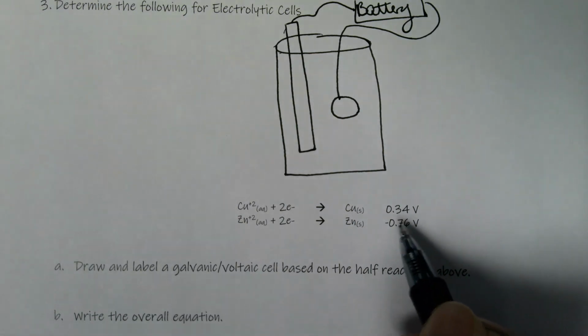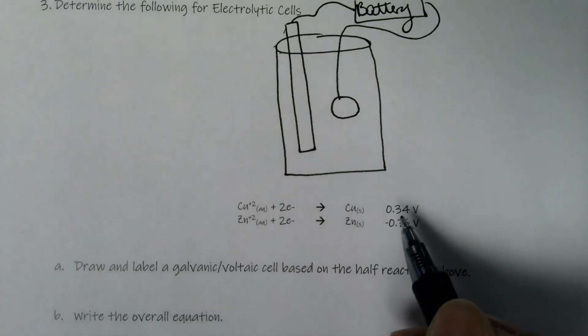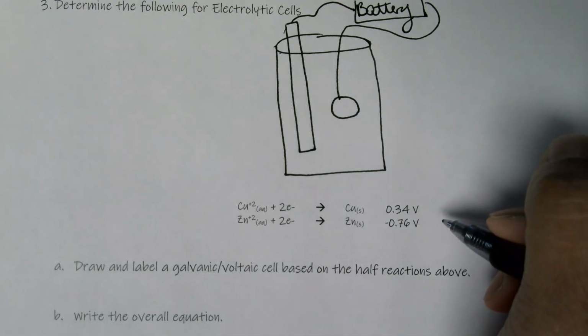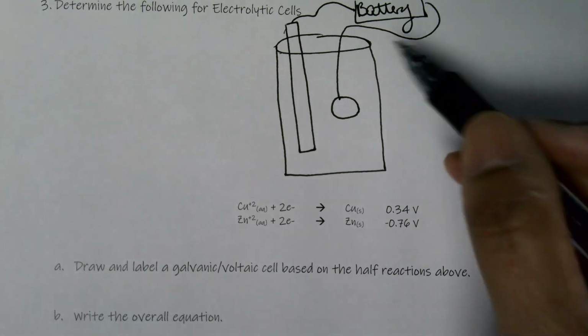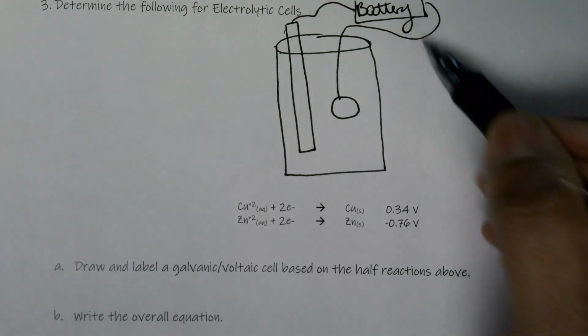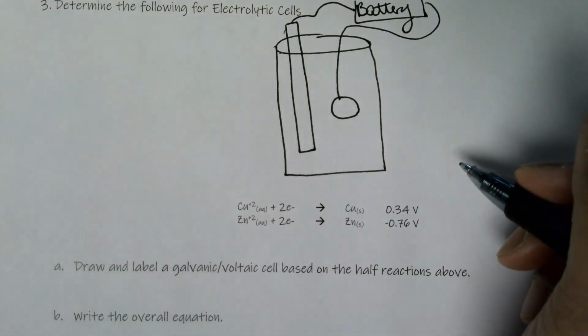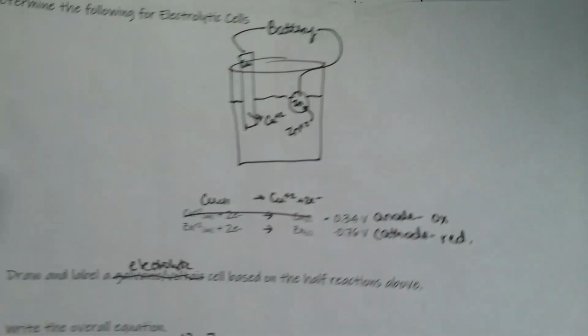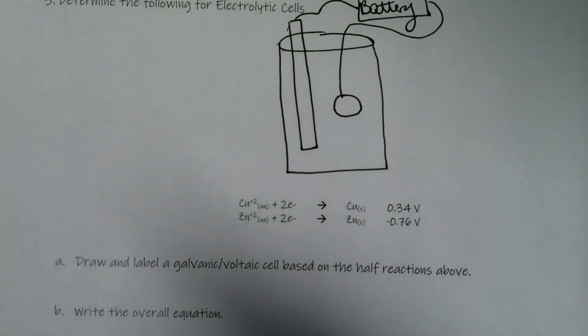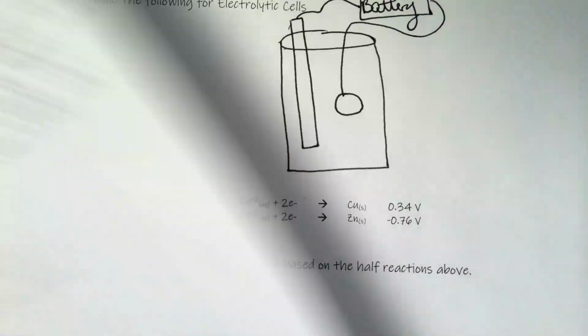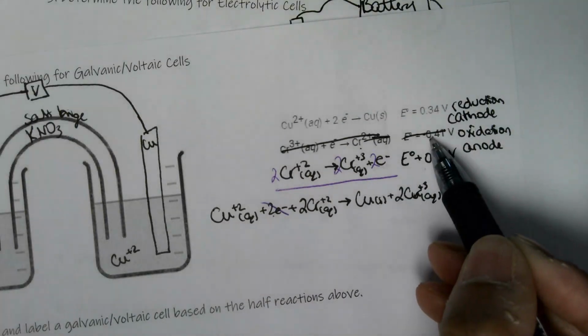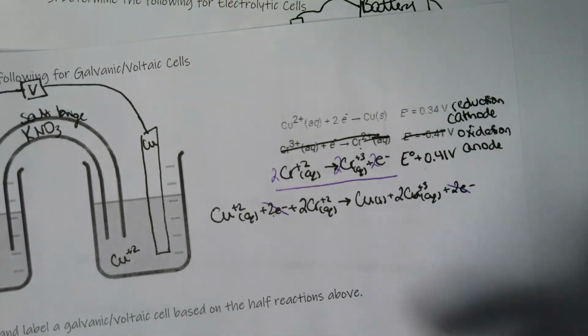So recall that electrolytic cells are going to be the opposite of my voltaic or galvanic cells. These are not thermodynamically favorable, hence why we have the battery to actually make this happen. So in the voltaic cell, I took the most negative and made that into oxidation and flipped the equation.